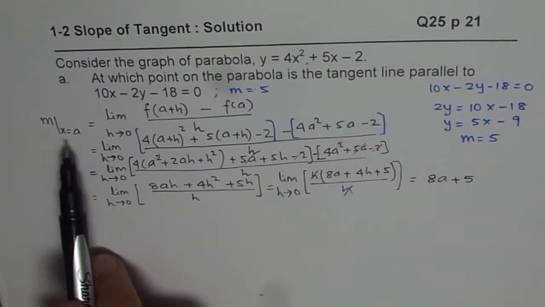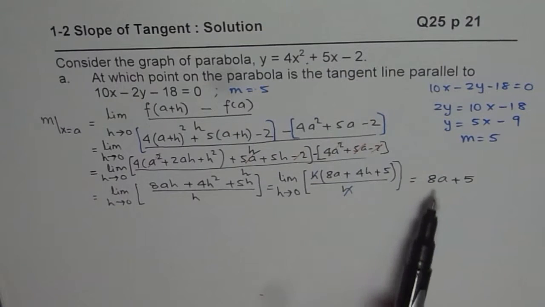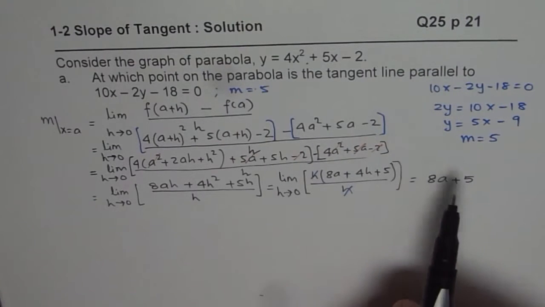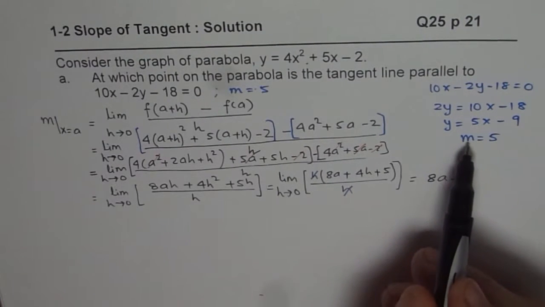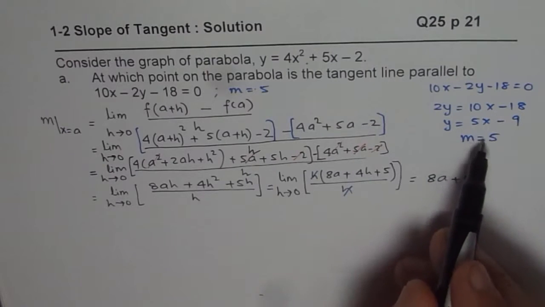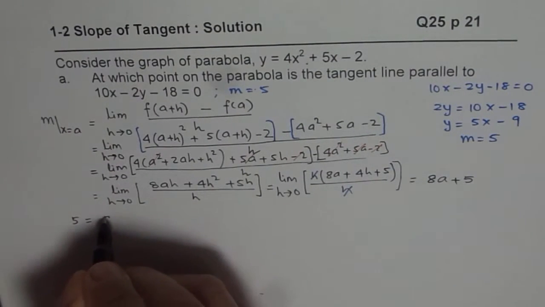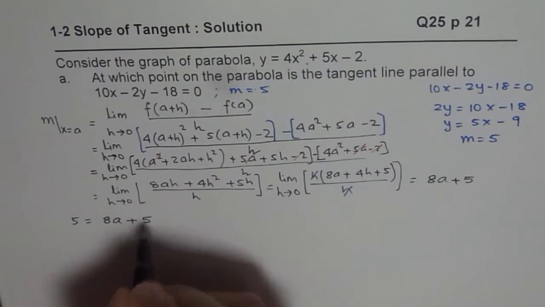So the slope at any point x equals a is 8a plus 5. That is your general equation for this parabola. Now what do you need? You need a point where the slope is 5. So we can equate this to 5 and say 5 equals 8a plus 5.